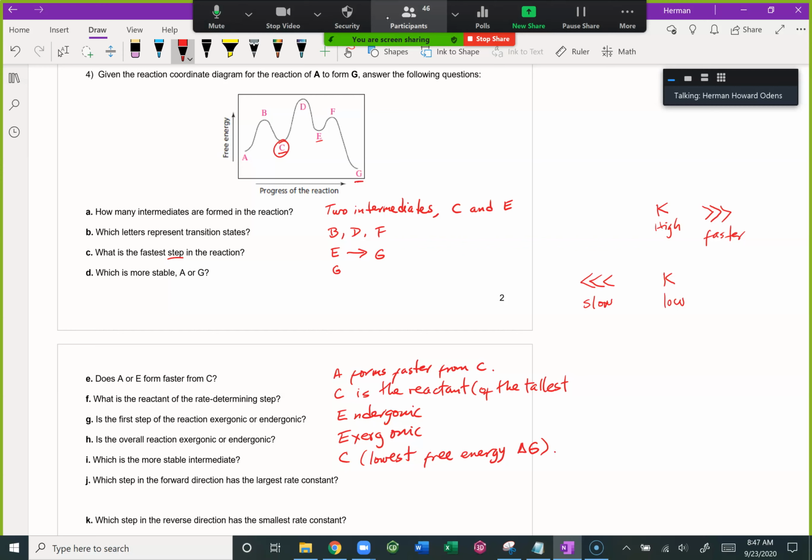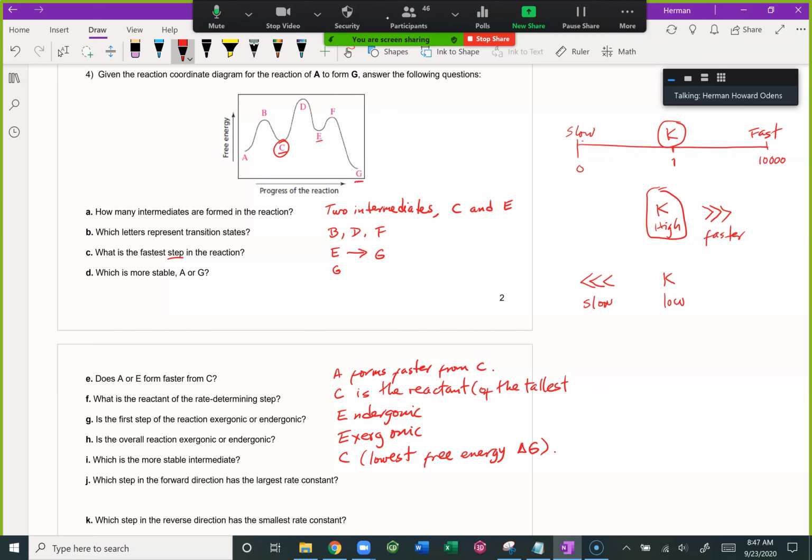So when this number is high, like 10,000 versus 1, if you have a scale here of k, and this is 1, anything closer to 0 is slow. Anything higher than 1, let's say in the thousands, this would be fast. So a high k means a fast reaction.